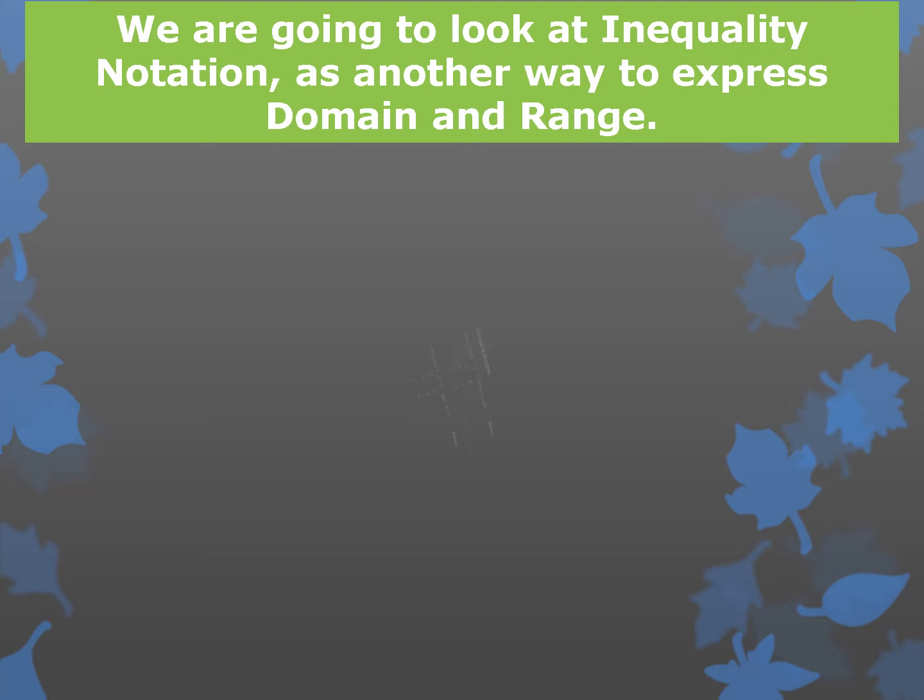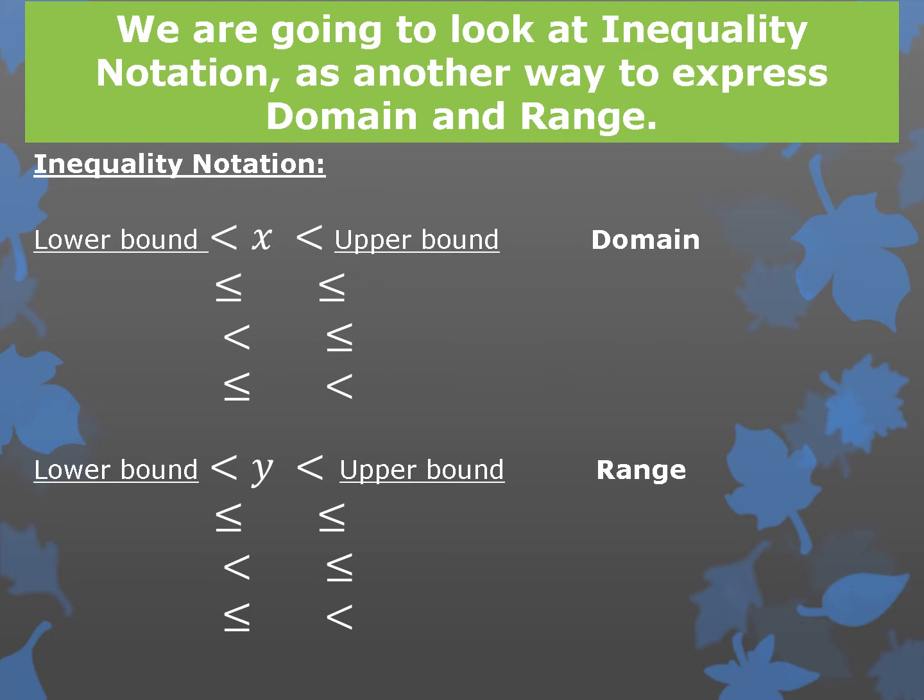Okay, so here's how we look at inequality notation. For the domain, we know the domain is the set of all x's. So you will notice that x appears in the middle of the compound inequality. Technically, you would have x in between the inequality signs.